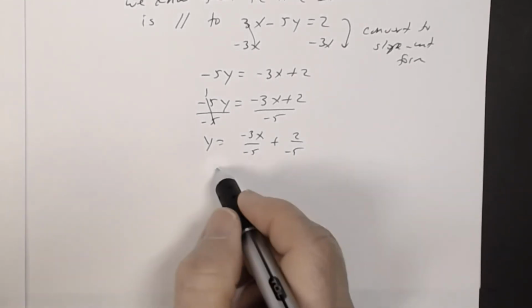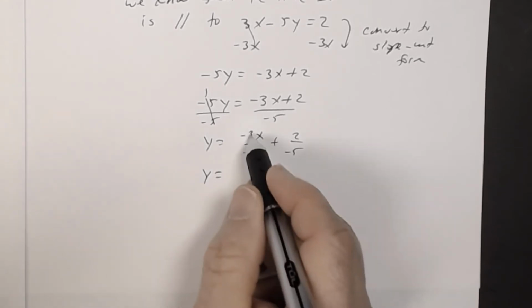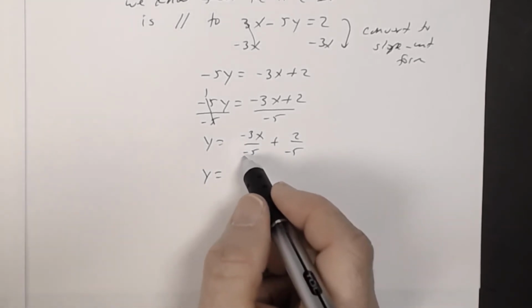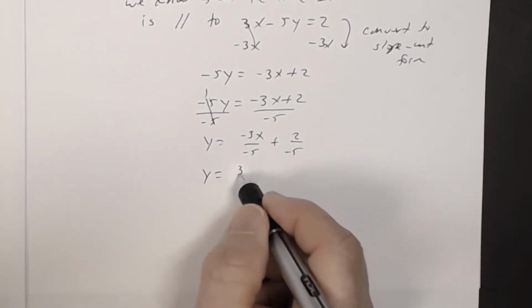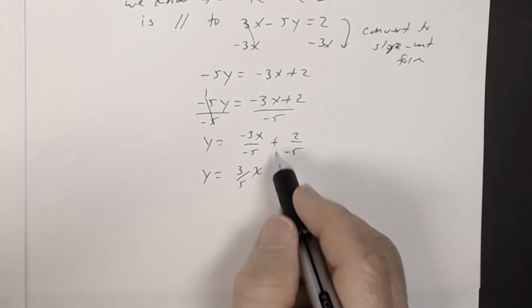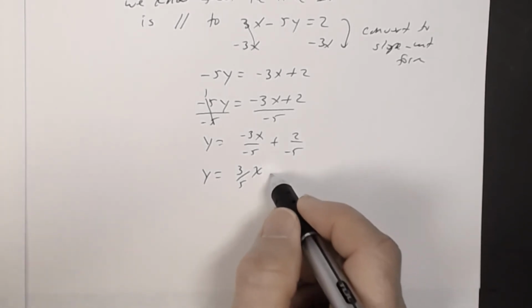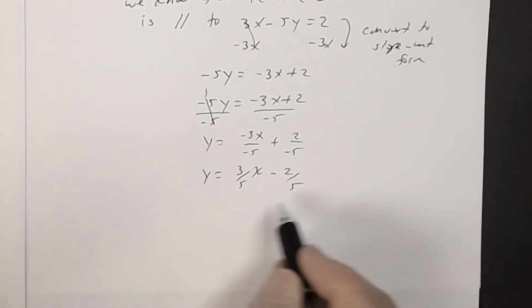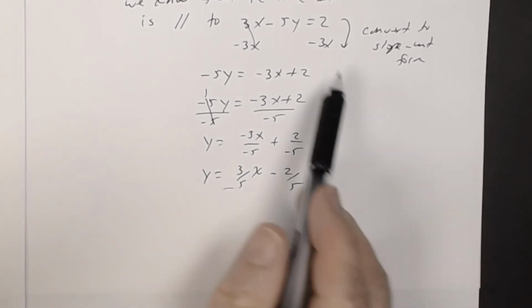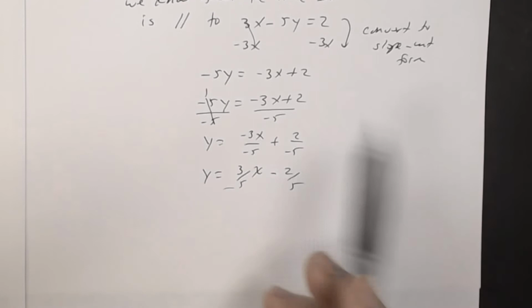But you want to rewrite this better. A negative divided by a negative is a positive, so you have to say 3/5 x. A positive divided by a negative is a negative, so you have to say -2/5. All right? So that is the slope-intercept form of this line.